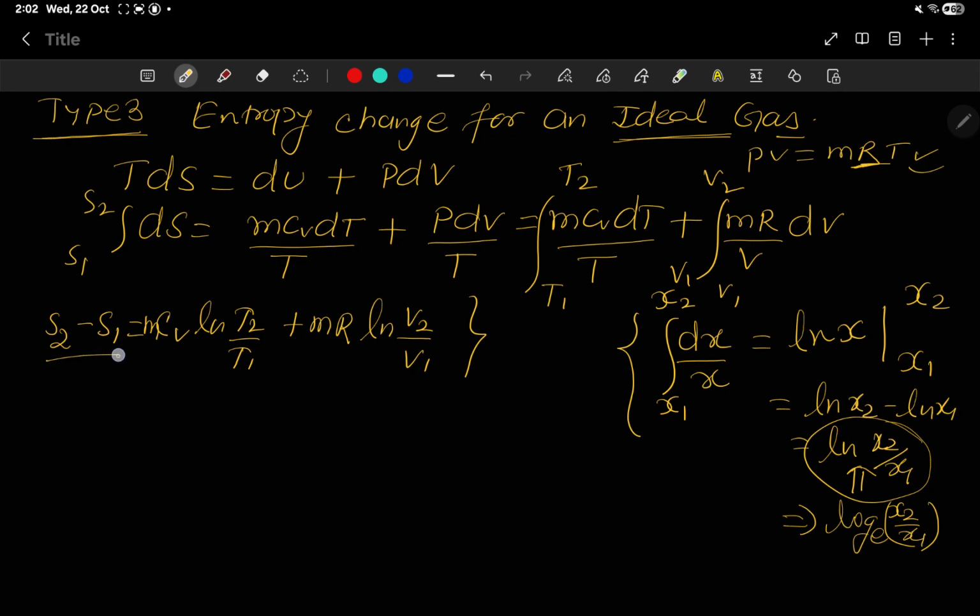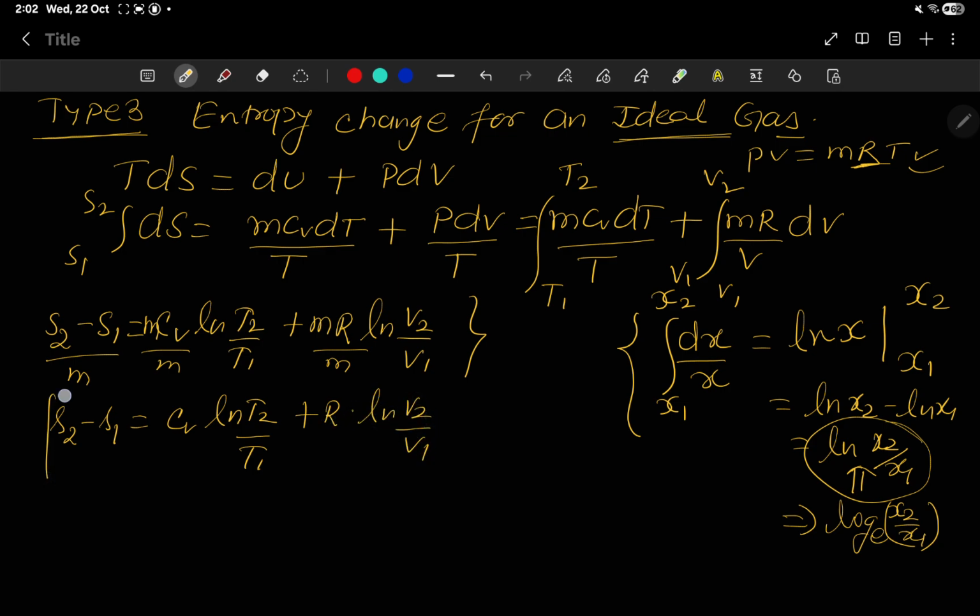If we divide it by m, this is the change in specific entropy: Cv ln T2 by T1 plus R ln V2 by V1. We have discussed earlier that this TdS relation is valid for both open and closed systems. It is valid for both.